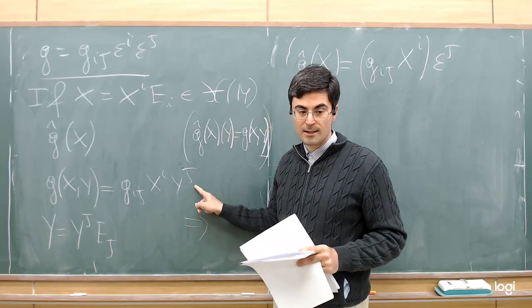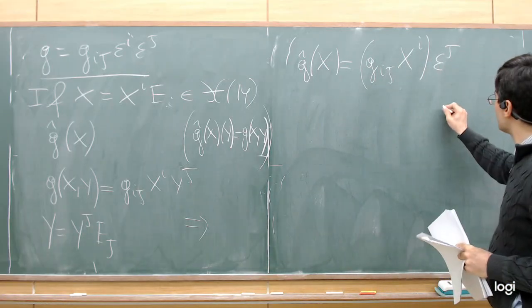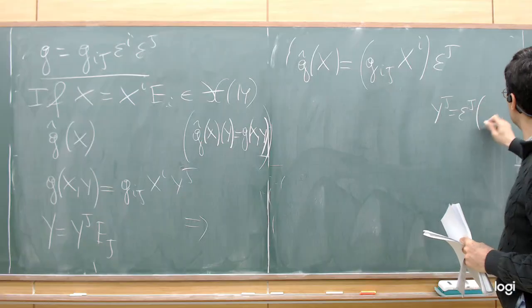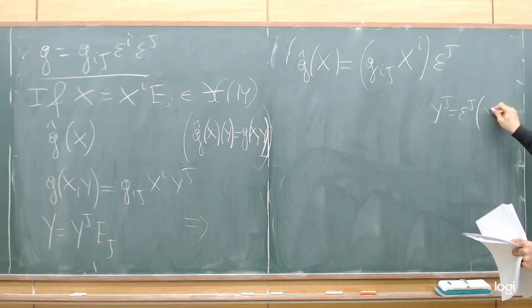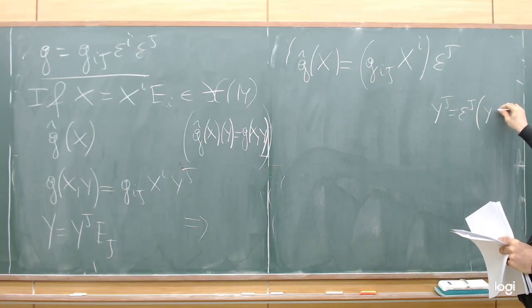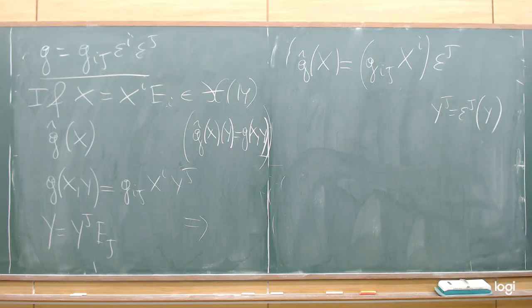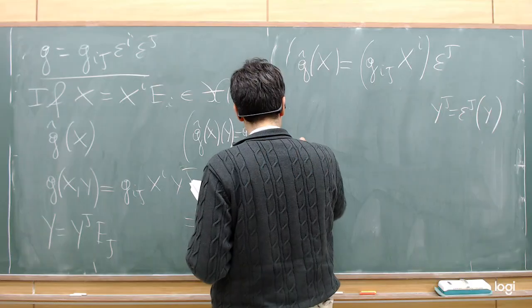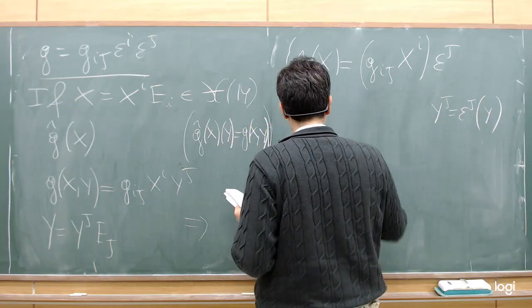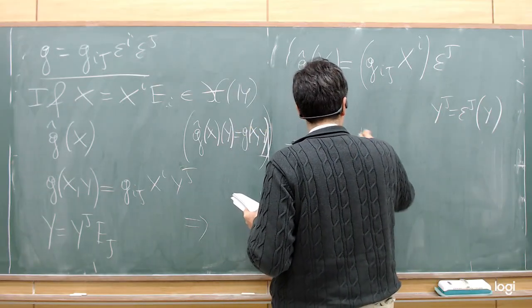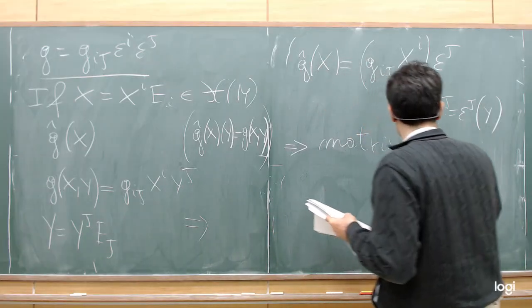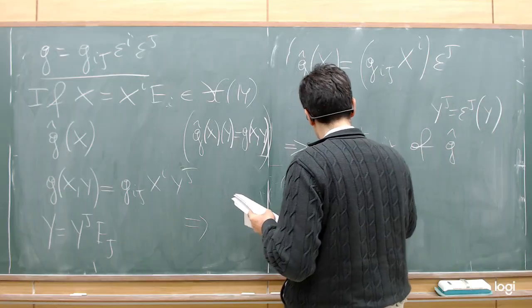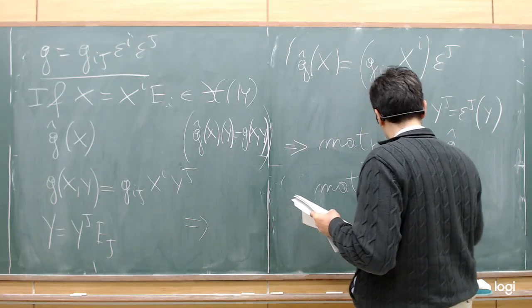The Y^j comes from this. So this implies that the matrix of G hat coincides with the matrix of G.